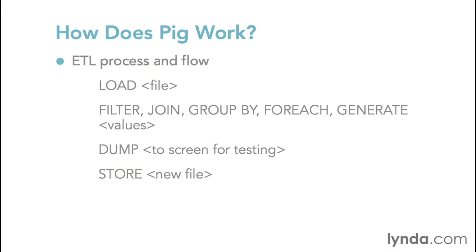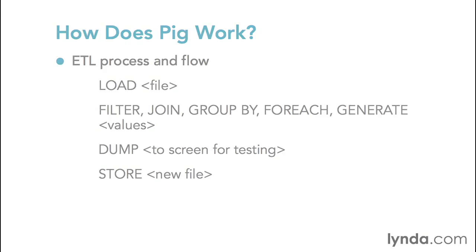So functions that you're used to and you're going to find very useful, like filter, join, group by, for each. I want to call your attention to the generate function because this is really commonly used in ETL Pig workflows. Generate allows you to do some process on the intermediate data and then to generate some new values. So it's a really common programming paradigm in Pig ETL process flows.